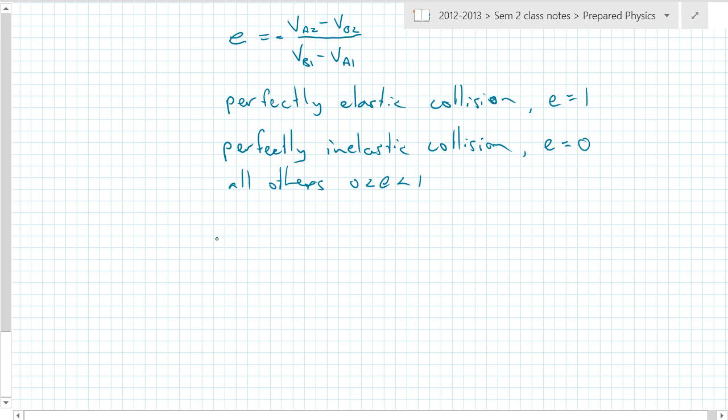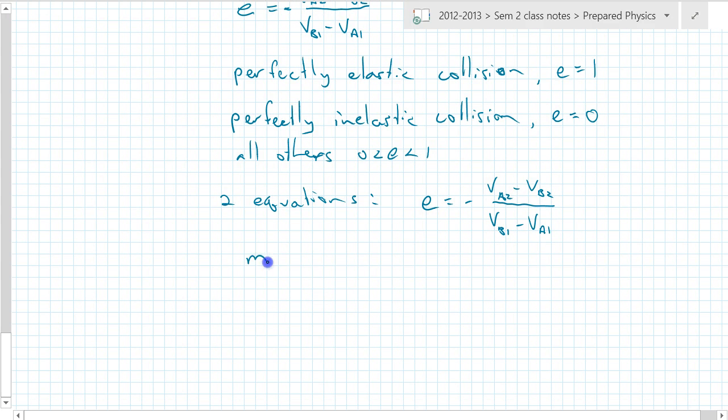And so then we would have two equations again. So now we have two equations: e equals negative (VA2 minus VB2) over (VB1 minus VA1), and the conservation of momentum, which we'll write again because it's so much fun: MAVA1 plus MBVB1 equals MAVA2 plus MBVB2.